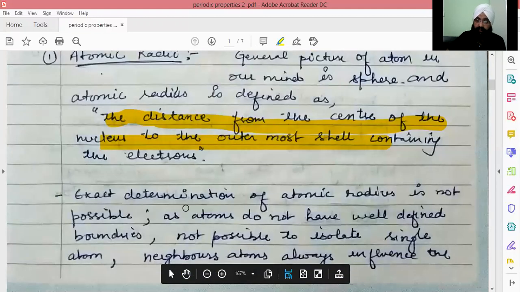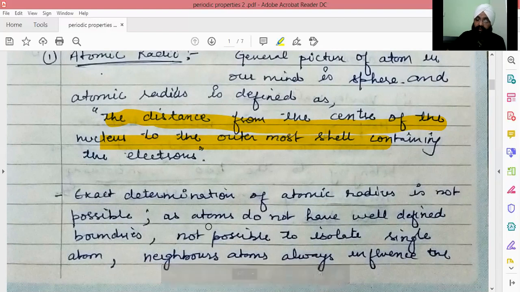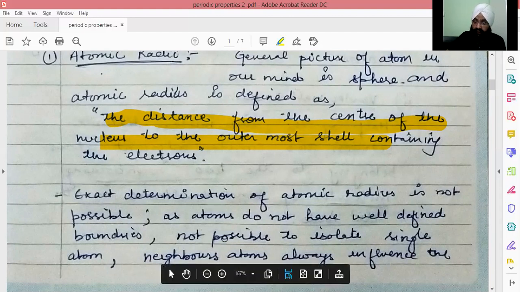Now the exact observation of the atomic radius is not possible. Why is it not possible? Because the atoms are not well defined, so their boundaries are not well defined. That is the first reason why we are not able to get the exact atomic radius. The second is that we cannot isolate a single atom.